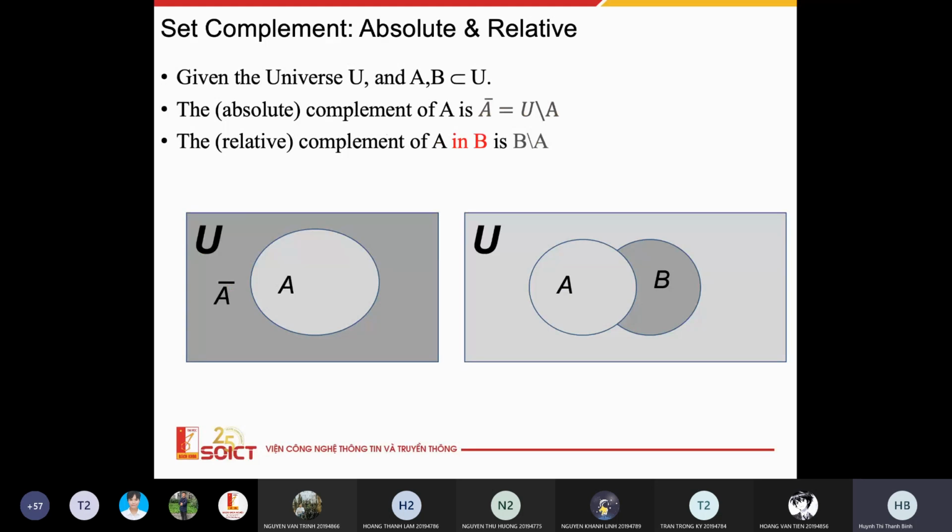Given the universe U and A, B belonging to U, the absolute complement of A is U minus A. The relative complement of A in B is B minus A. So you can see the two pictures.